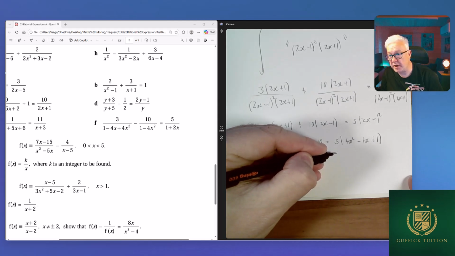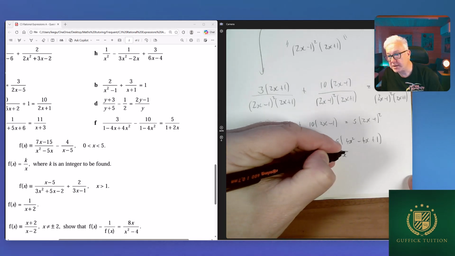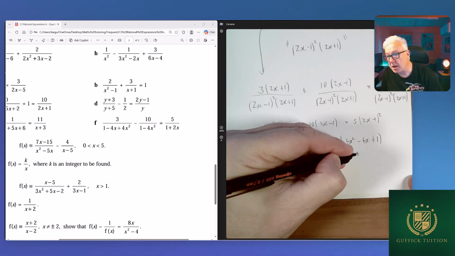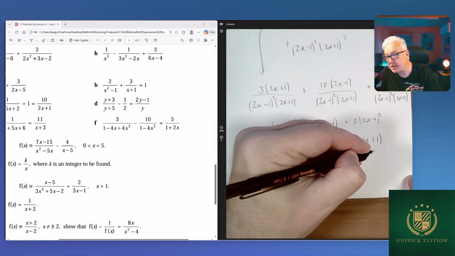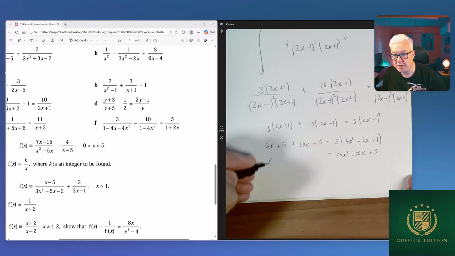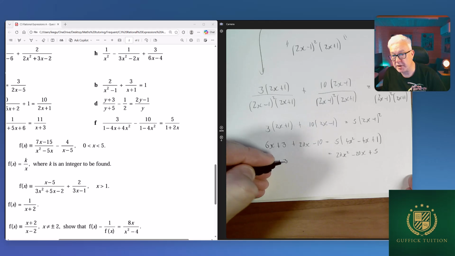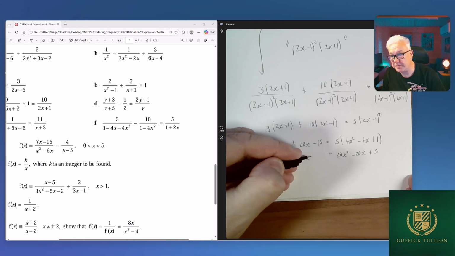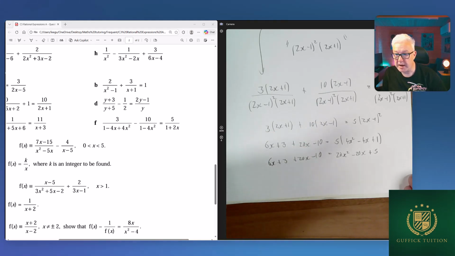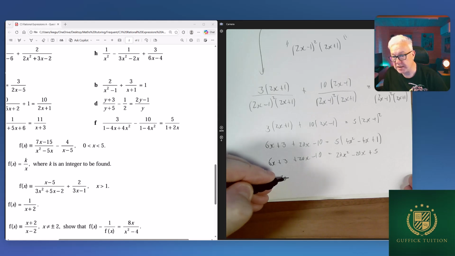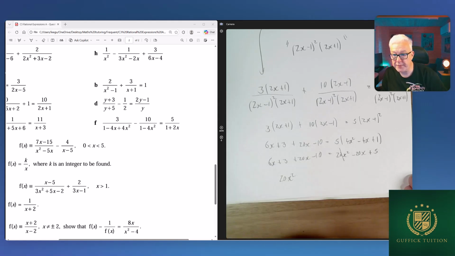When we expand that 2x minus 1 all squared, let's expand that bracket now. So that goes to 5 times 4 is 20x squared minus 20x plus 5 is equal to 6x plus 3 plus 20x minus 10. So let's get everything over one side. So we have 20x squared there.